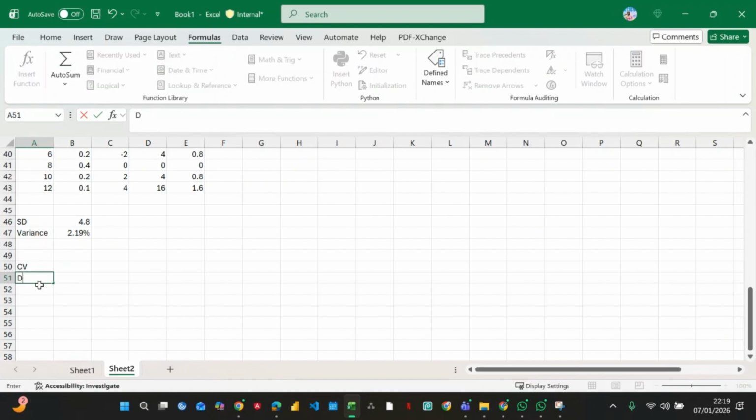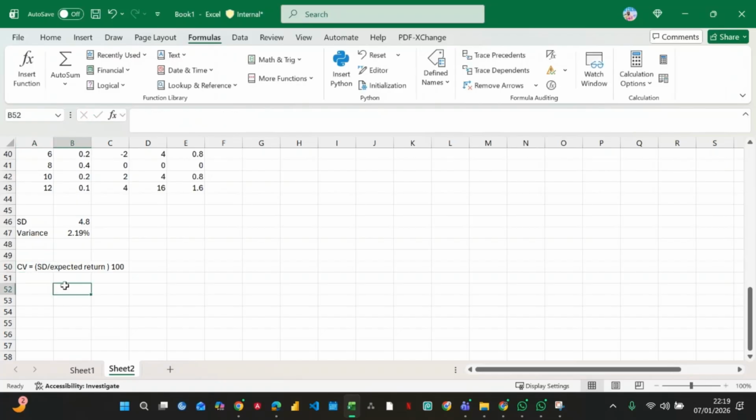The formula is CV equals the standard deviation, SD, divided by the expected return, multiplied by 100. So that's the formula.